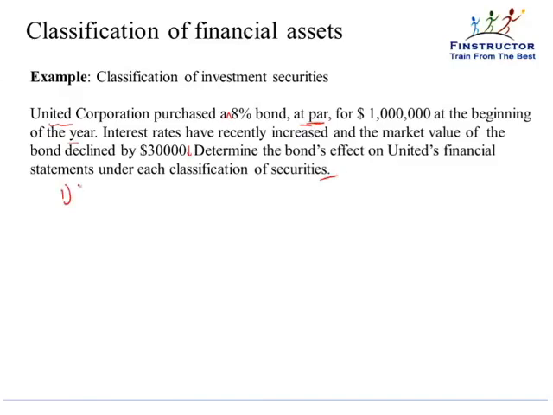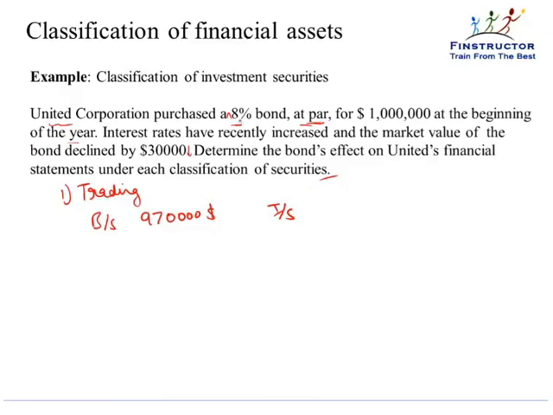So if we assume that the bond was held for trading, that is, we just wanted to make a short-term gain and sell the bond, then on the balance sheet, the bond will be carried at the fair value, which will be 1 million minus 30,000, that is $970,000. On the income statement, whatever is realized would come. So what will be realized?